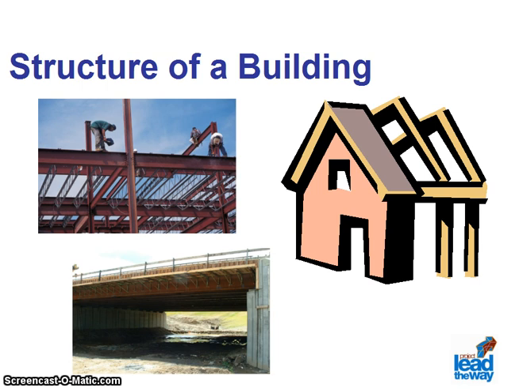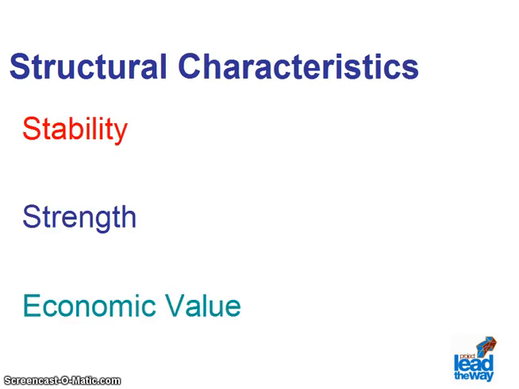The primary function of a building structure is to support and transmit the loads and forces to the ground. There are three characteristics which need to be considered. The first is stability, which is needed to maintain shape. The structure is dependent upon balanced forces and being in equilibrium.